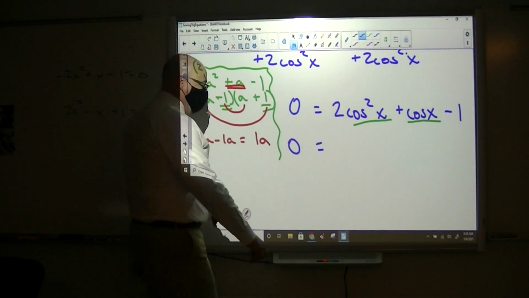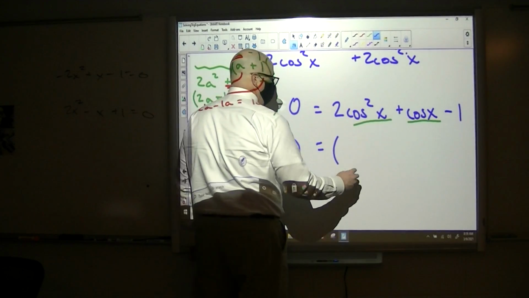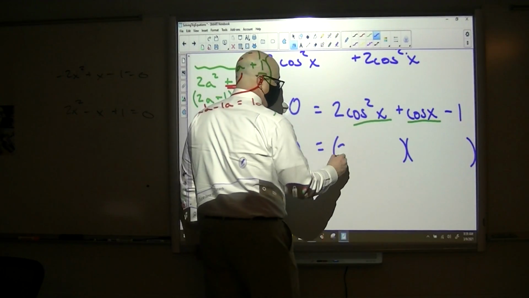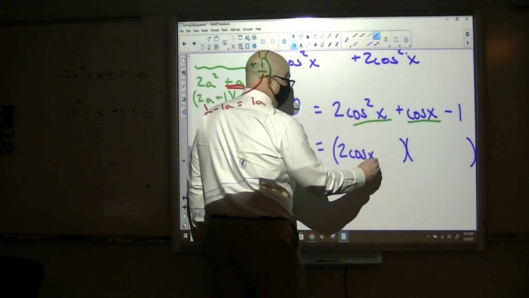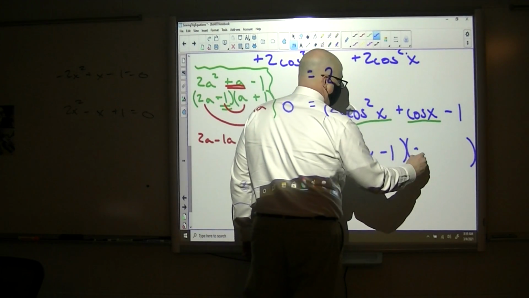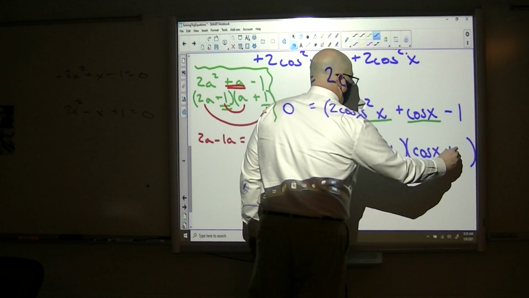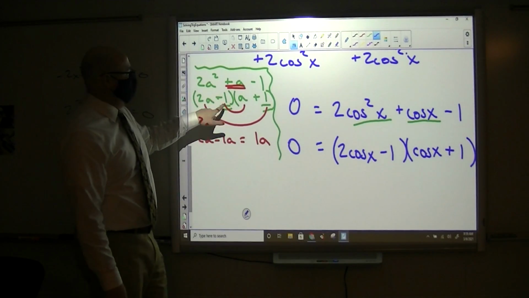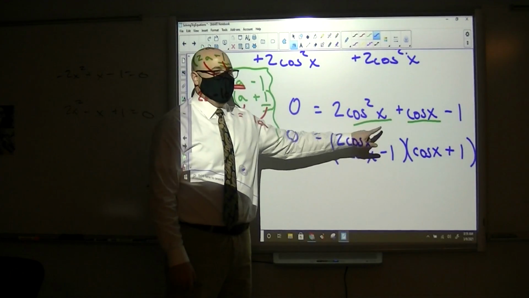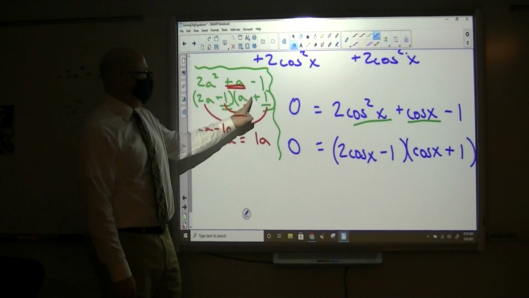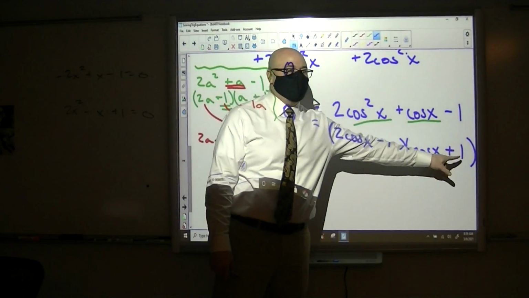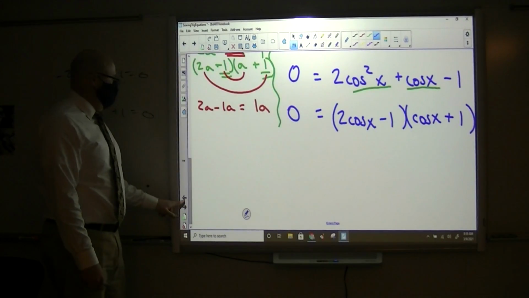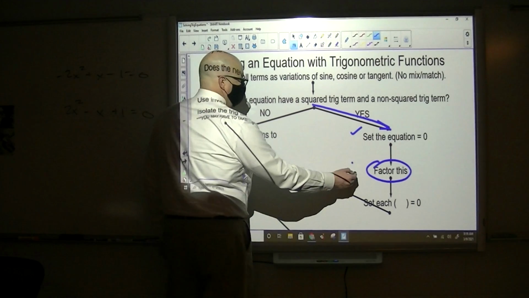So now when we come back to the problem at hand, instead of a's, I write cosine x's, because that was the substitution that we put in here. So the exact same format as this: 2a minus 1 becomes 2 cosine x minus 1, and a plus 1 becomes cosine x plus 1. Done, factored, check mark.